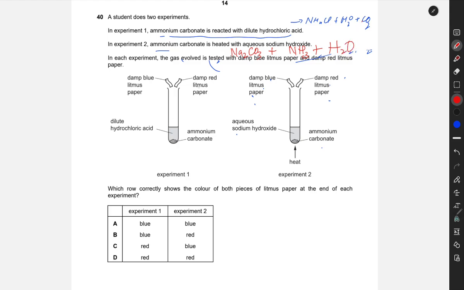So in experiment 1, damp blue litmus paper turns red, and in experiment 2, damp red litmus paper turns blue. Which row correctly shows the color of both pieces of litmus paper at the end of each experiment? Blue in experiment 1 is incorrect.